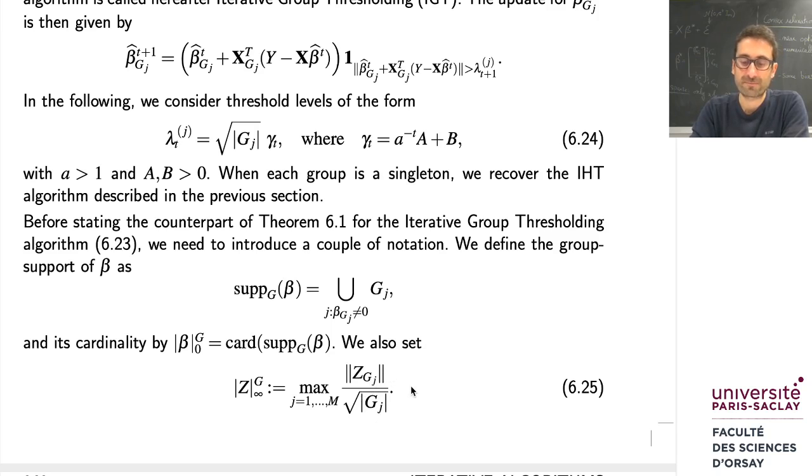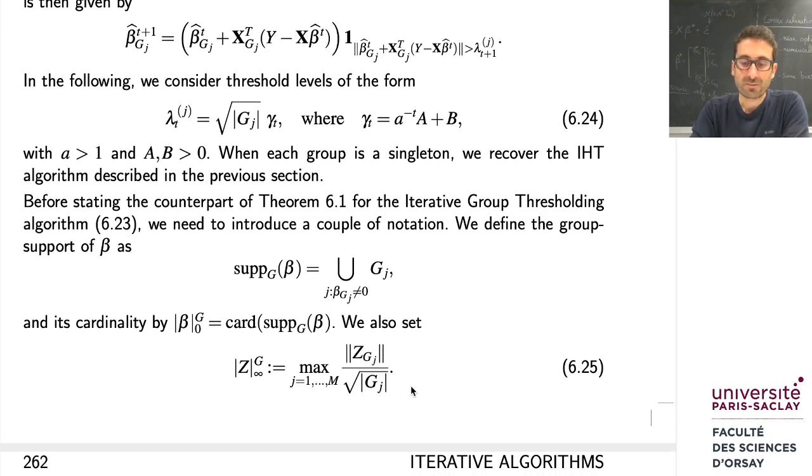If you take for each group just a singleton, so you have p groups with just one element, of course you recover the support, you recover the sup norm, and you recover exactly the same number.